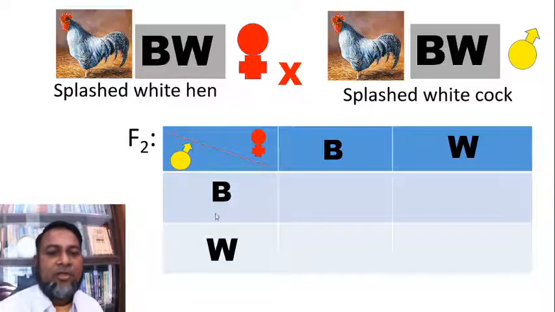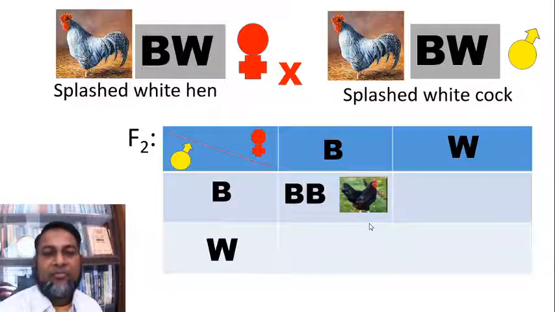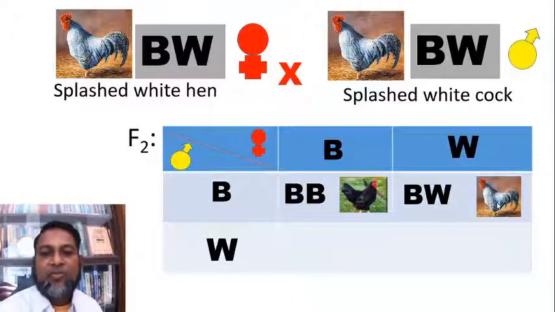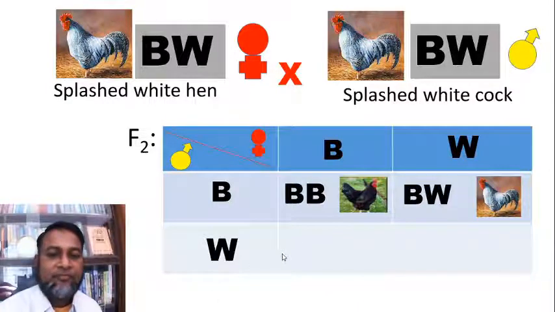Now, when B is crossed with B, they produce BB genotype. Its phenotype is black fowl. When B is crossed with W, they produce splashed white cock or hen phenotype.